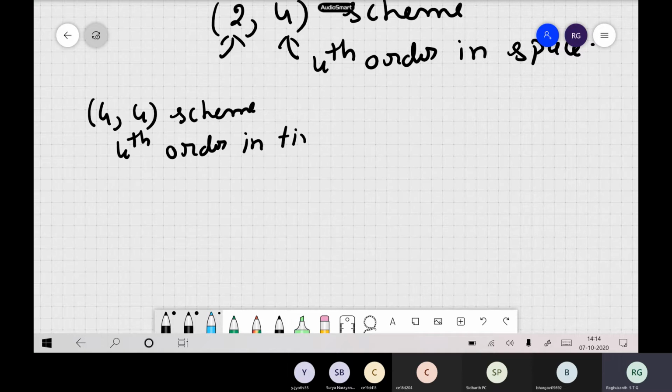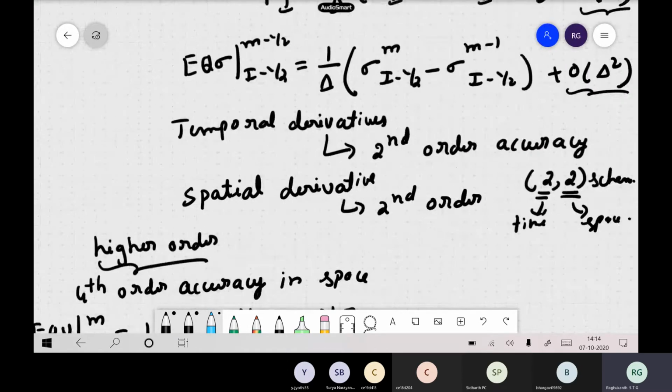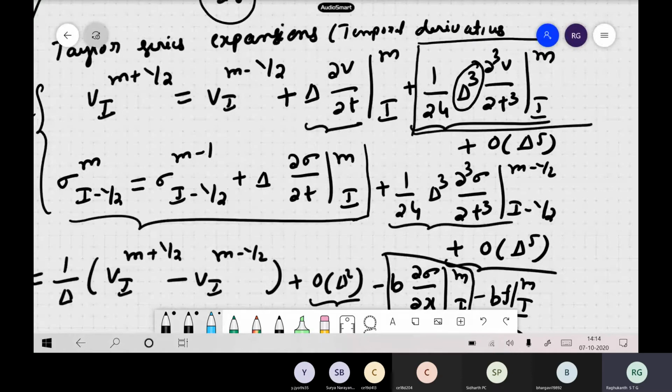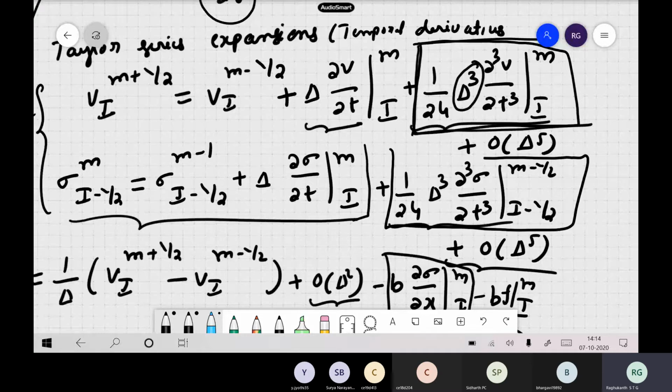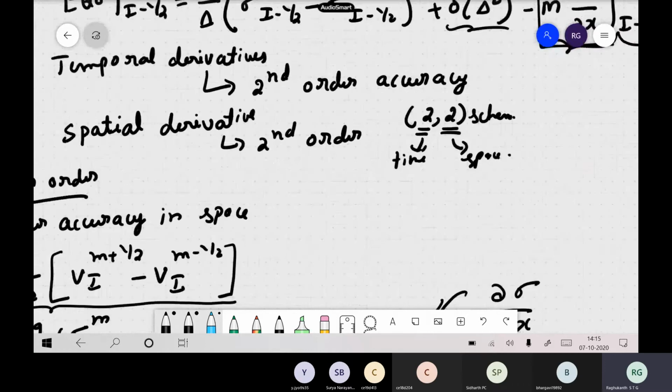You can go for higher order, but if you want fourth order in time, then in the Taylor series expansion, which is with respect to time, you have to include this term also in our calculations. This term also has to be included for the higher order. So here we have a problem: you have to calculate this third derivative with respect to time.